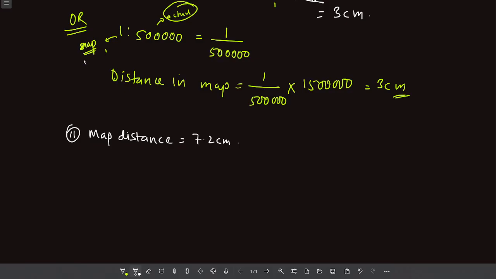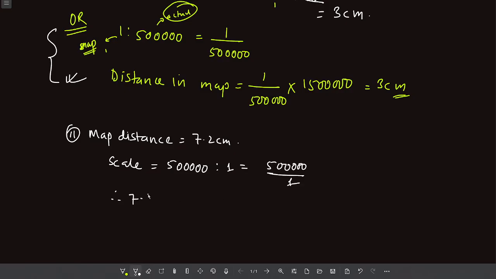Now if we are using this second process, then we can use scale is equal to 5 lakhs is to 1. Now it can be written as 5 lakhs over 1. Therefore actual distance is equal to 5 lakhs over 1 into 7.2 centimeter.